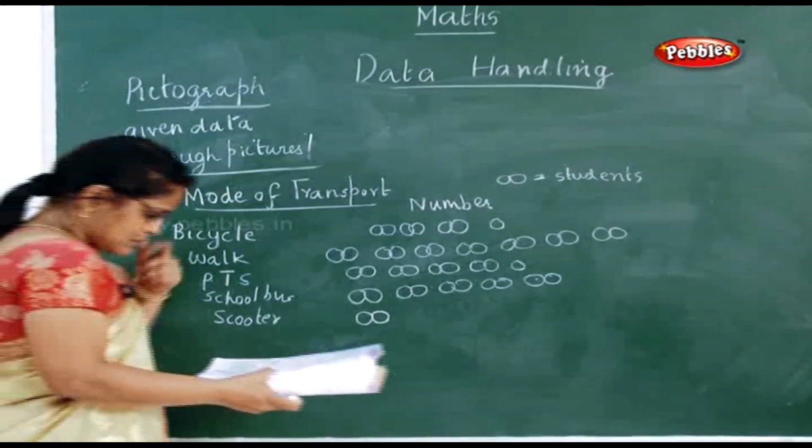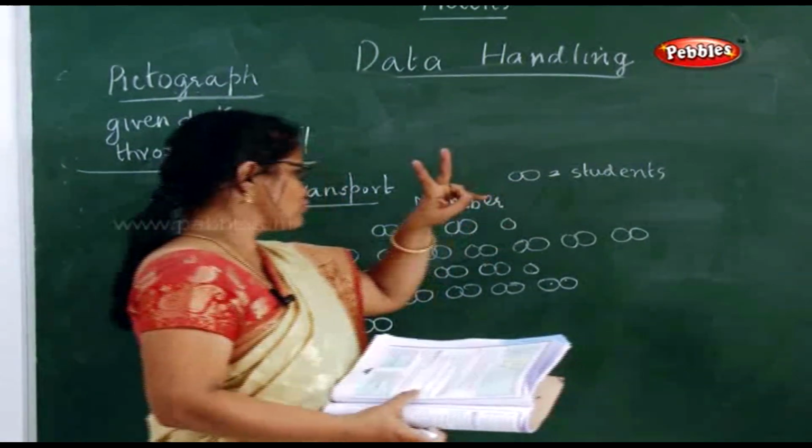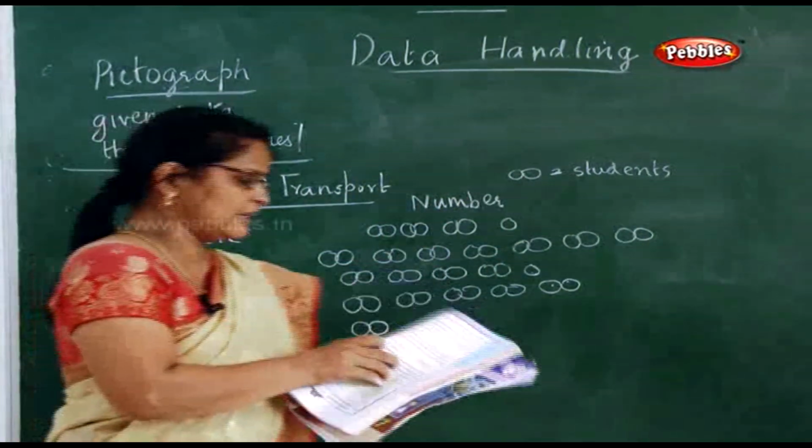Now tell me. So, I told you it represents 2 students. This represents 2 students. Is it clear now?